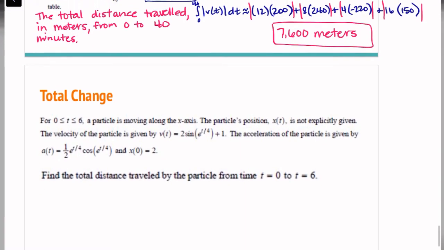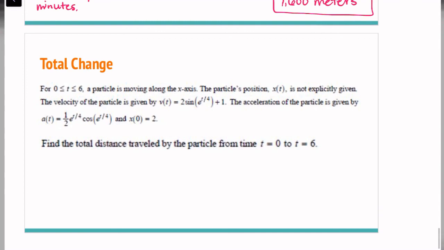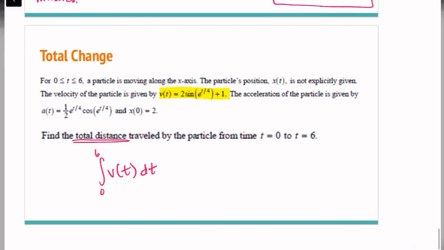All right, last one. We want total distance traveled. We've already dealt with this example a few times, but we have the velocity here, and I want the total distance traveled. So total distance traveled is going to be the integral from 0 to 6 of v of t dt. Oops, it's total, so I have to put in my absolute value sign.